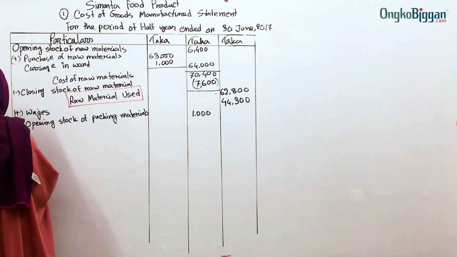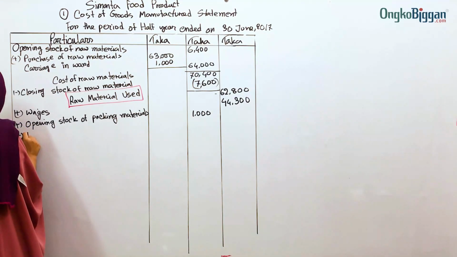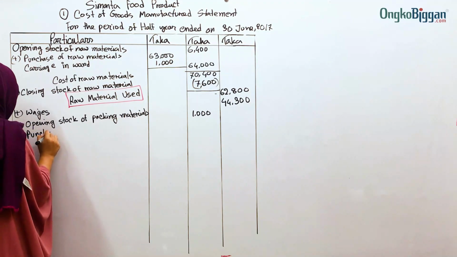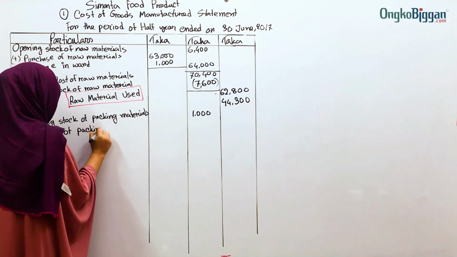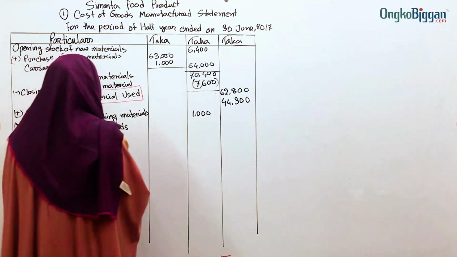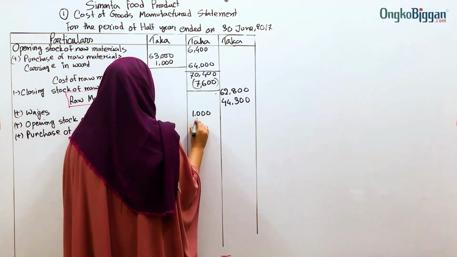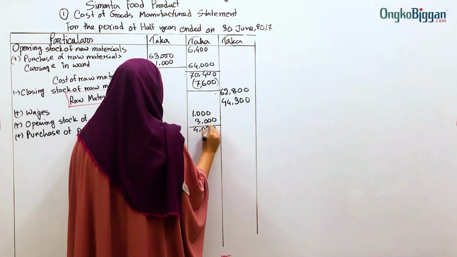So with the wages, I have added the opening stock of packing materials, that is 1,000. Then I am adding purchase of packing goods, which comes out 3,000. Altogether it costs 4,000.